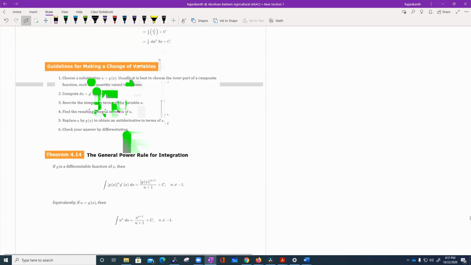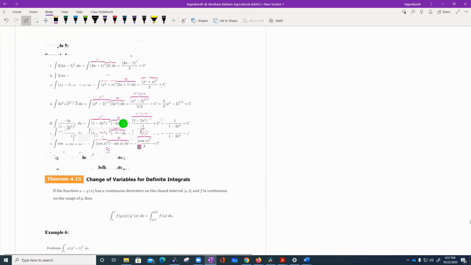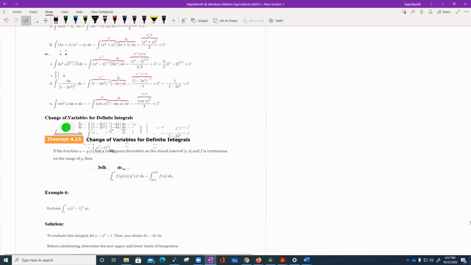So you use the guideline like this: choose the substitution g(x) as u, then du by chain rule is g prime dx, and you follow this. So I'm explaining with this easiest problem, the last explanation for today.